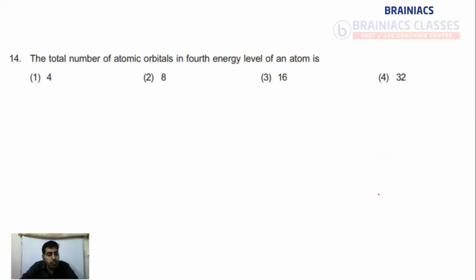Next, question number 14. The total number of atomic orbitals in the 4th energy level of an atom. The 4th energy level means n is equal to 4, right? Now for n equal to 4, L is calculated using the equation 0 to n minus 1.